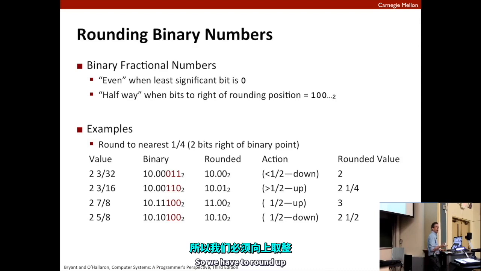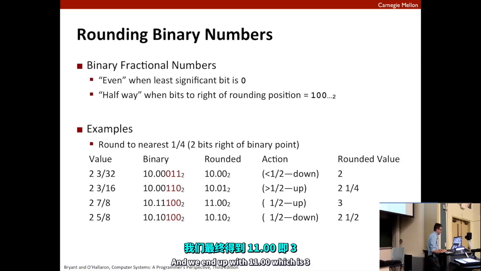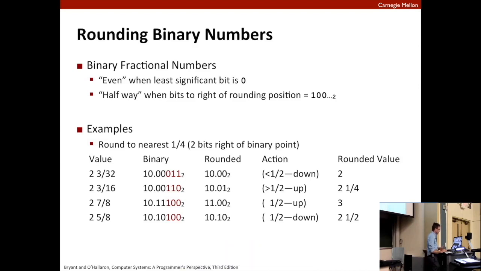So we have to round up by adding a 1 to this leftmost bit, and we end up with 11.00, which is 3. So the nearest rounded value to 2 and 7/8 is 3.